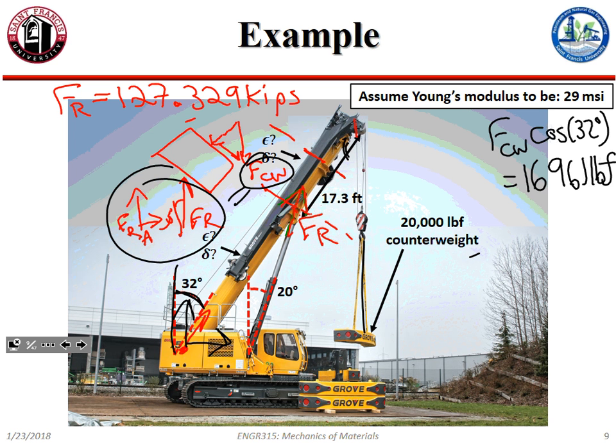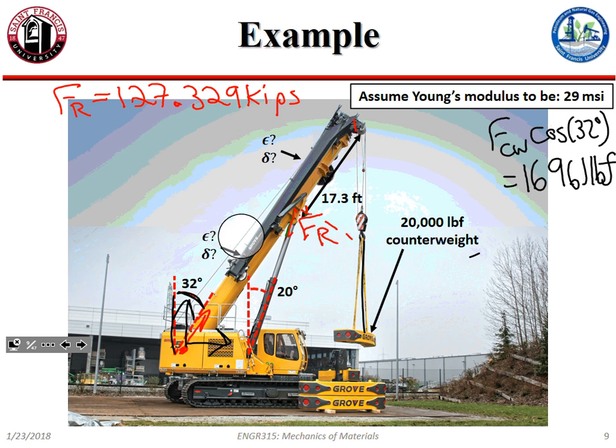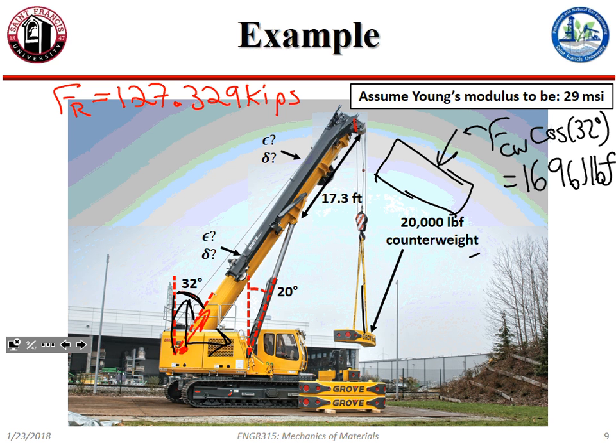So that means that if I redraw this a little bit, the force pushing down from the top, the normal force, is equal to the weight of the counterweight times cosine of 32, which is this number, and that's the only force that's acting on the top, assuming that we're ignoring the distributed weight of the arm for right now, which we are.